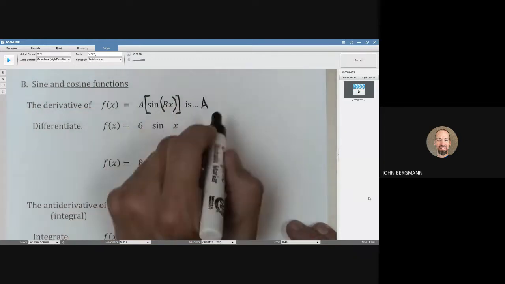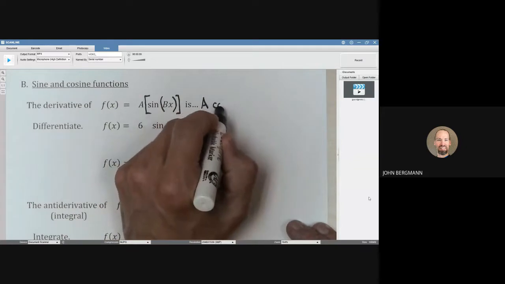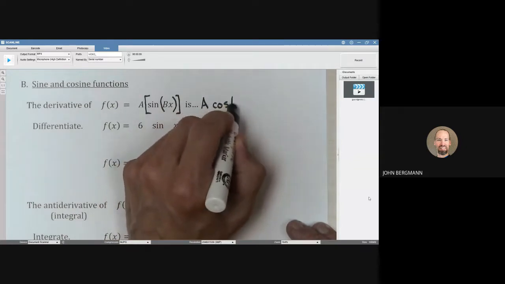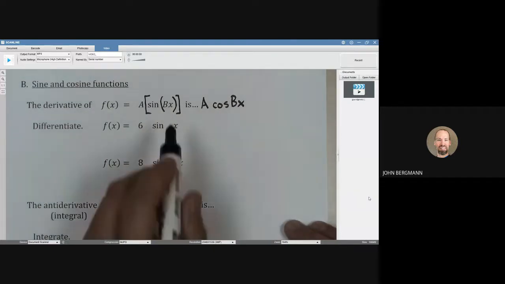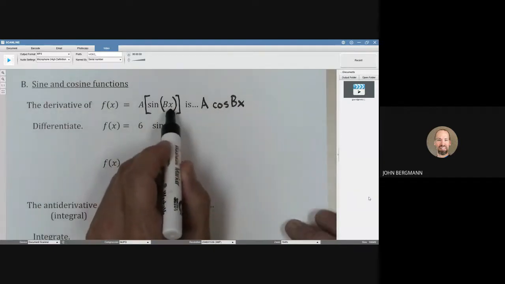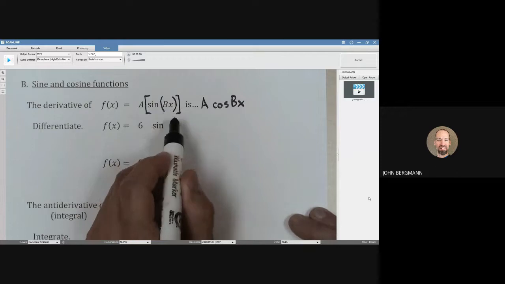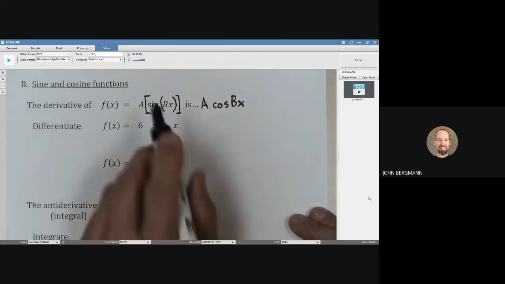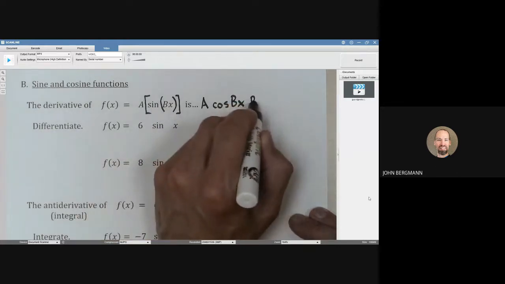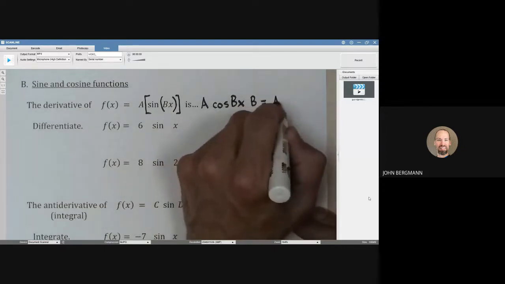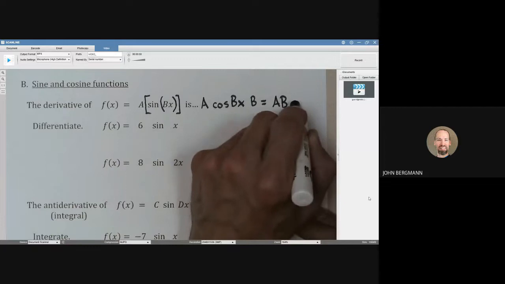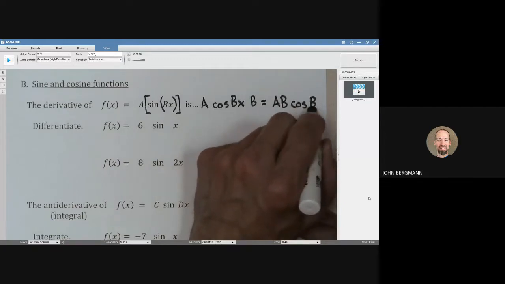The derivative of sine of anything is the cosine of that something. Then we have to differentiate the function on the inside. If you differentiate that with respect to x, you get b. So when you have simplified this, you get a b cosine bx.